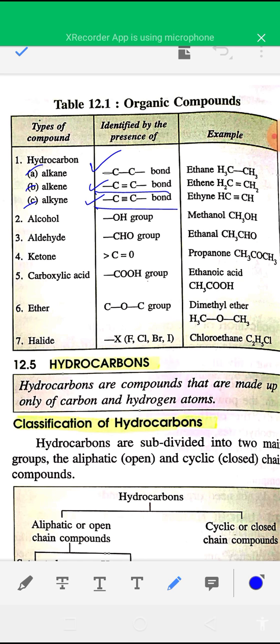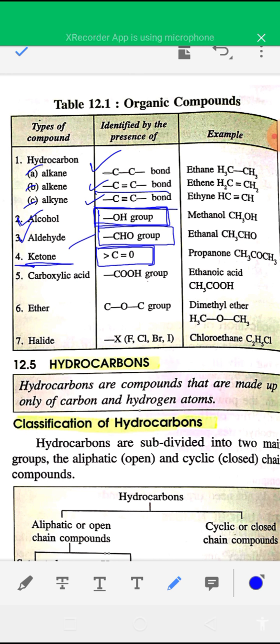If an OH group is present in the compound, then the compound is known as alcohol. If a CHO group is present, then the compound will be aldehyde. If a C double bond O group is present, then the compound is ketone.